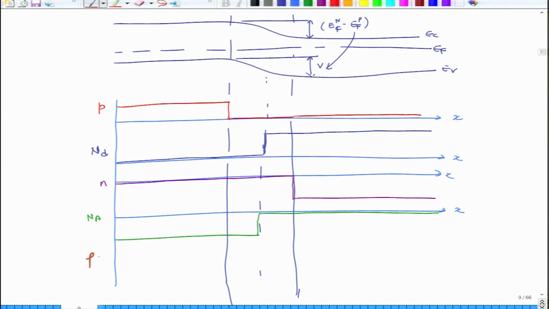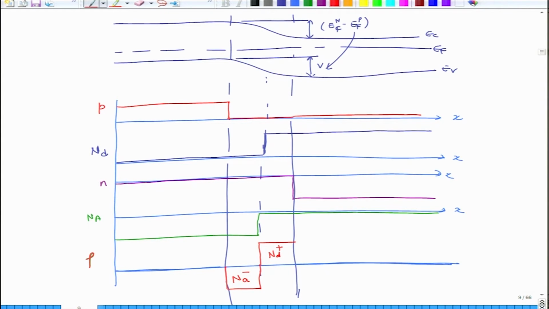So now if I plot the charge density, you can see that deep inside the semiconductor the charge density is still zero, right, they still cancel each other. What you have here is, in this region you have some Nd, and in this region you have some Na, so this is positive, this is negative.